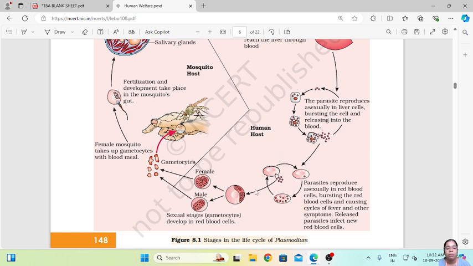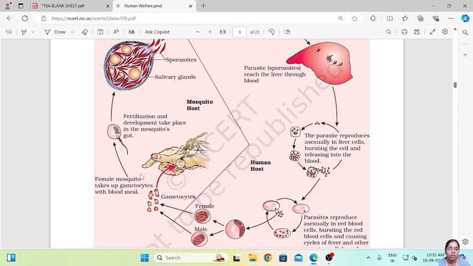Again it will form more infectious cells inside the red blood cell. Again it will burst the red blood cell and come out. Then it goes under sexual stage of reproduction, that is gametogenesis. So gametocytes develop inside the red blood cell, that is the male and the female gametes.